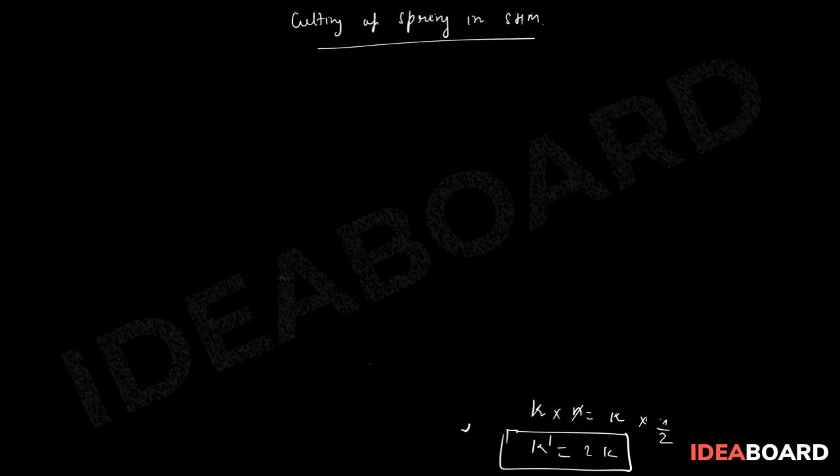So what is the question? Initially this spring is like this, length L, spring constant K, mass M is attached. So we know that if this particle does the SHM, then time period is given by T is equal to 2 pi under root of M by K. Okay, this is the time period.